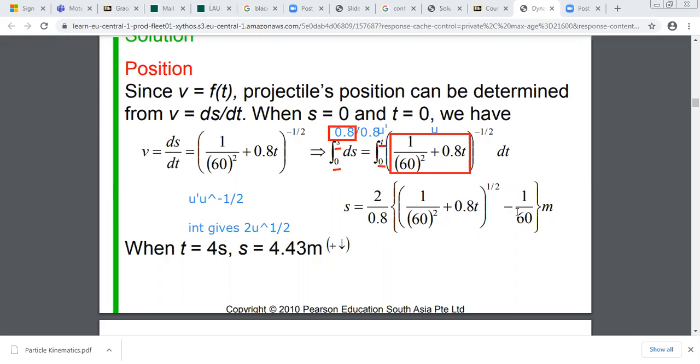And you put minus, for t equals 0, it's minus 1 over 60 square plus 0.8 times 0 to the power minus 1 half, which will give you minus 1 over 60. Then you found s as a function of time. The final step, you replace t by 4 seconds to get your position. Any question on this?